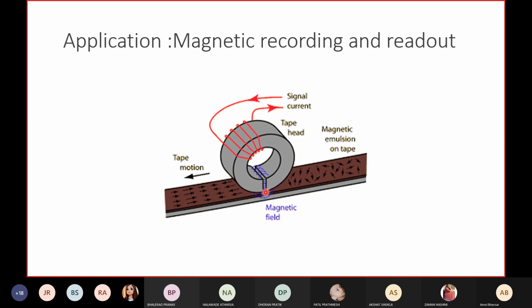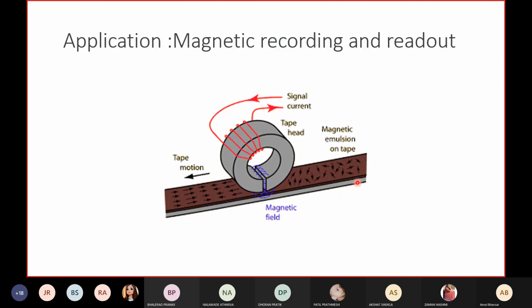But due to this magnetic field, what happens? This blue color shows the magnetic field lines. Due to these field lines, the dipole moments of the magnetic layer are affected. This is the plastic film on which a magnetic layer is applied, that is, a magnetic emulsion on the tape.